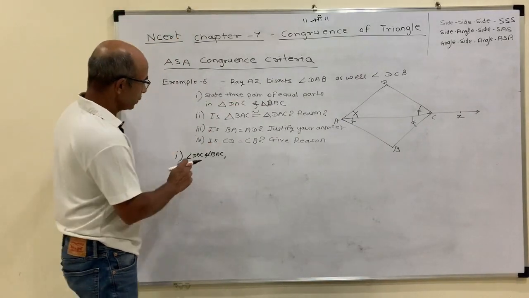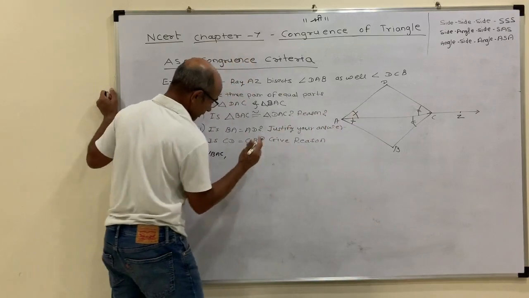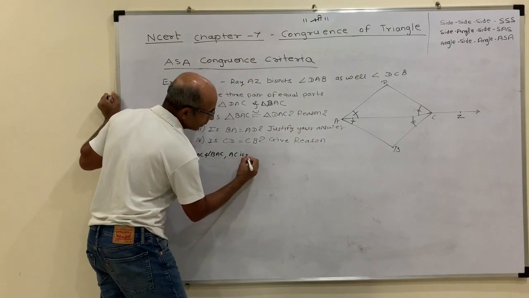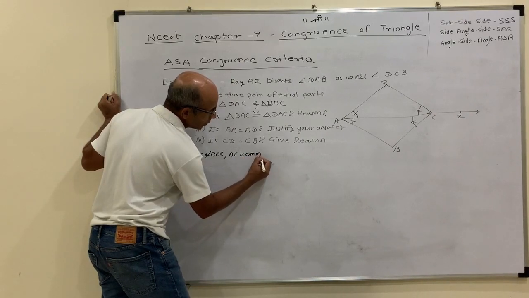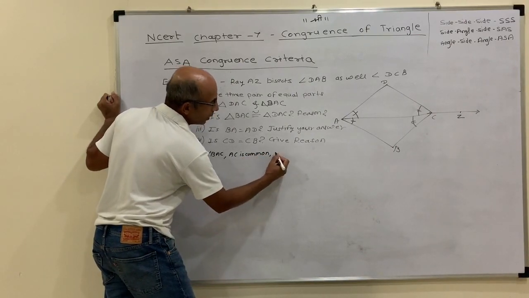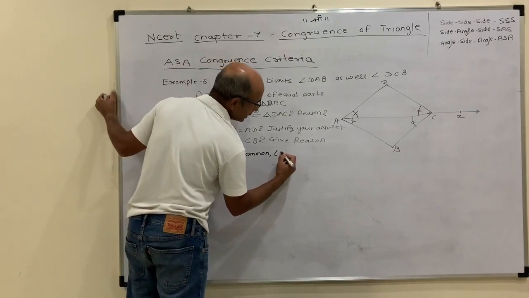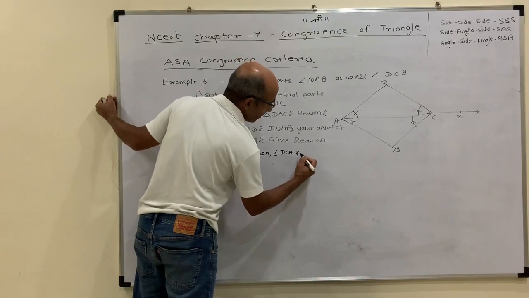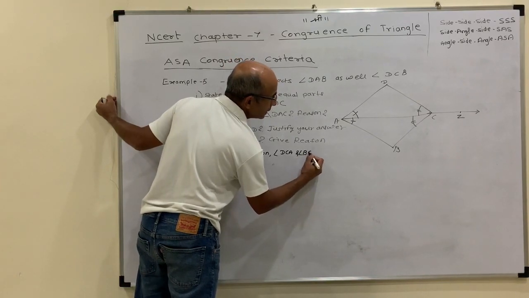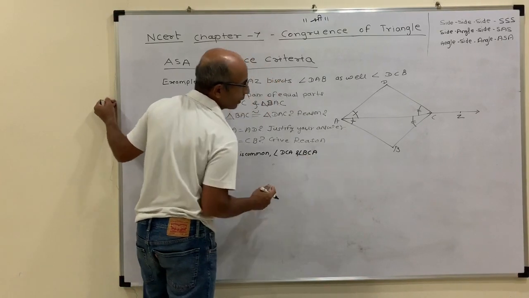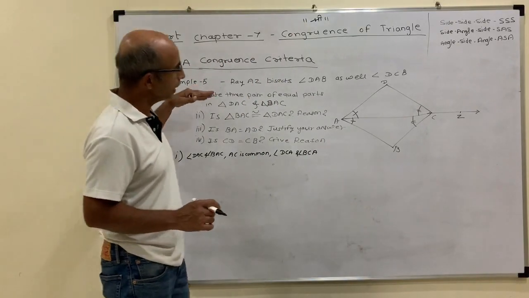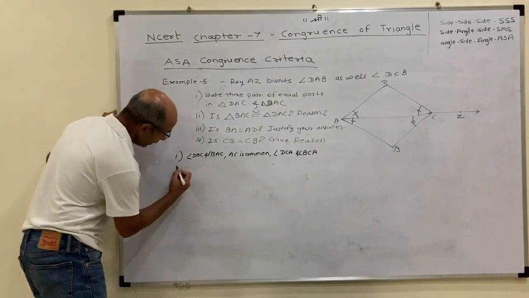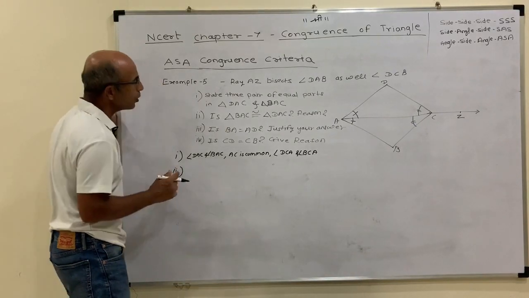So this angle and this angle are equal. Secondly, AC is common between these two triangles. And third, angle DCA and angle BCA are equal. Again the reason, as AZ bisected DCB. So now we'll be doing the proof for congruence.